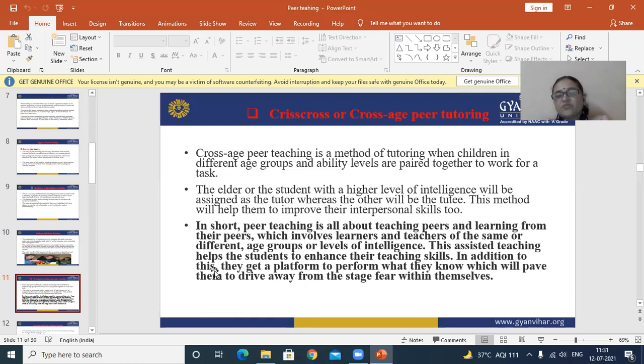This way of teaching helps the students to enhance their teaching skills. In addition to this, they get a platform to perform what they know, which will help them drive away the stage fear within themselves.